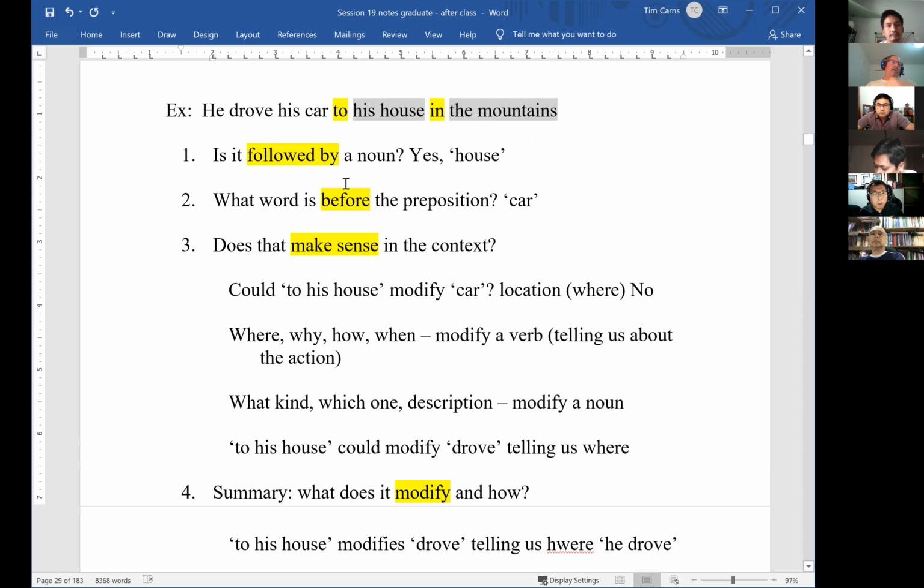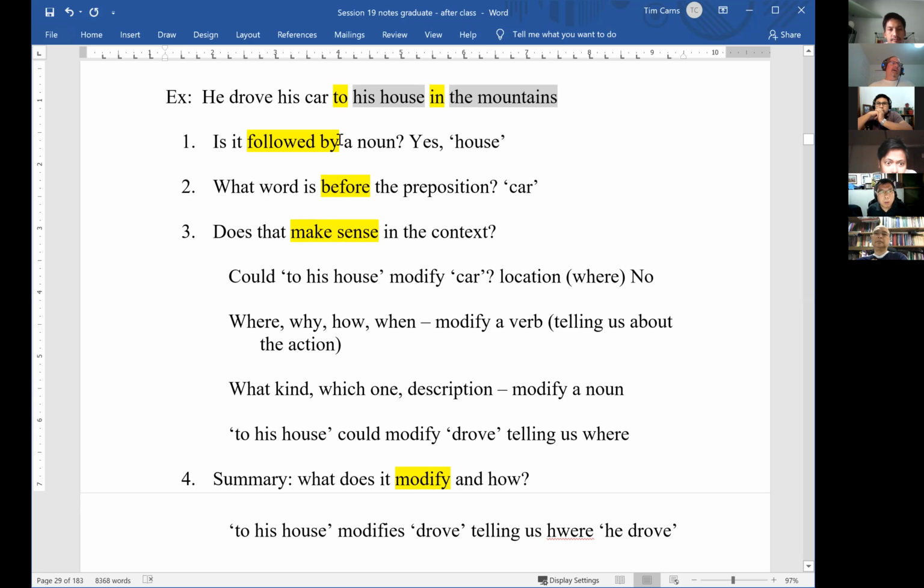Well, that's when we go the other direction and see what comes before the preposition. That is usually the word it will modify. But we still need to make sure that that makes sense. So we have to ask, does it make sense that this prepositional phrase could modify that word that comes before? Sometimes the answer is yes, but once in a while the answer is no, as in this case. It didn't make sense.